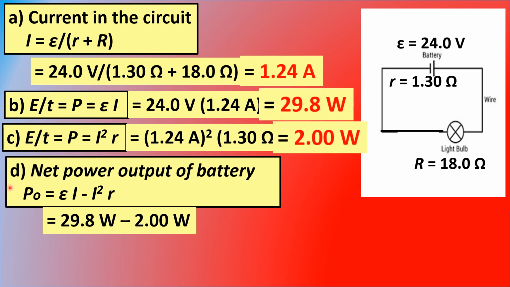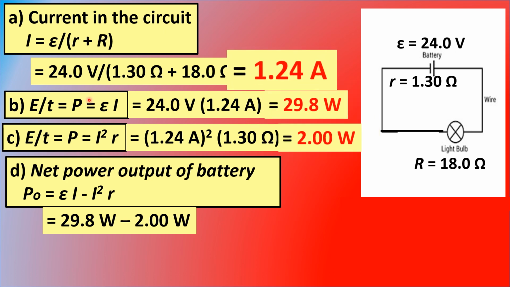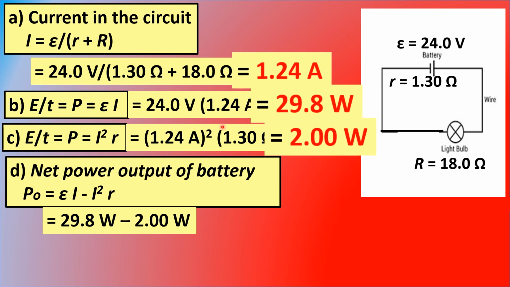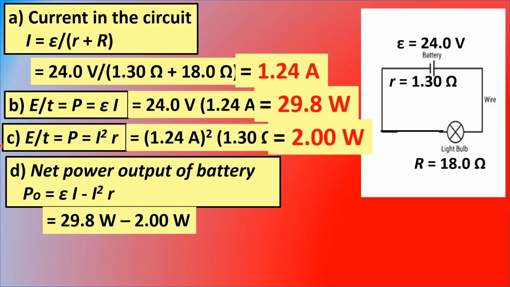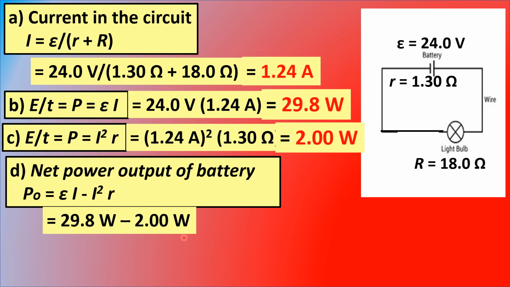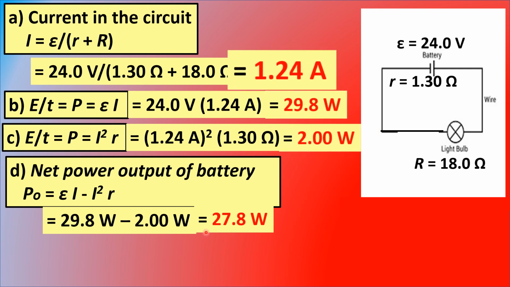So, this is simply the difference between what we got in letter B, the amount of energy that is converted from chemical to electrical energy in the battery, 29.8 watts, minus the amount of energy dissipated in the battery because of the presence of the internal resistance. So that is 29.8 watts minus 2.00 watts, and we get the net power output of the battery equal to 27.8 watts.